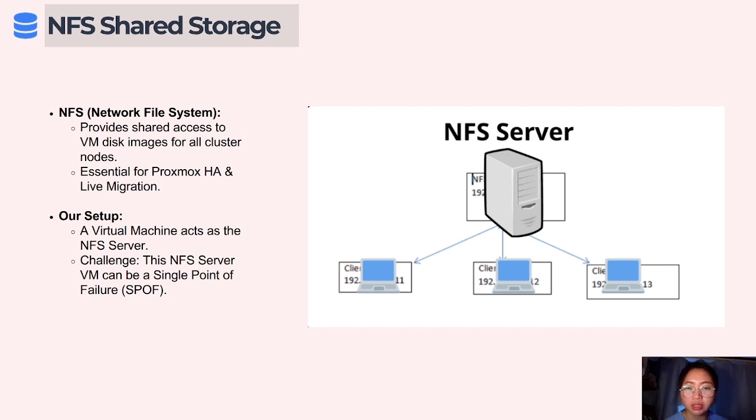The primary challenge with this VM-based NFS server is that the NFS server VM still becomes a single point of failure. We can call it SPOF. If this VM or its host node were to crash, the entire shared storage system would become unavailable, thereby undermining the HA benefit for all other VMs.